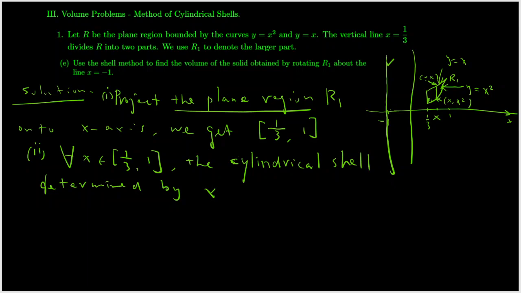So later on, we are going to rotate the little line segment around a different line. In order to get the surface area of the cylinder, we need the base radius. We need the height.